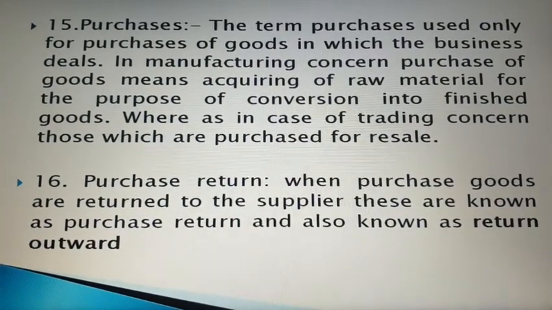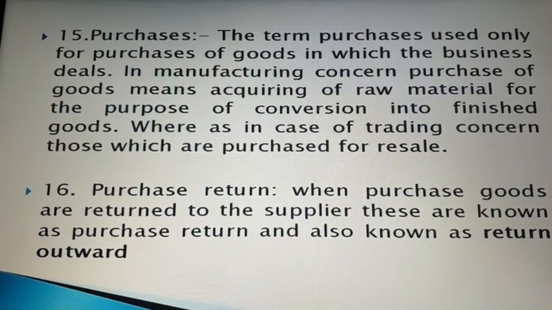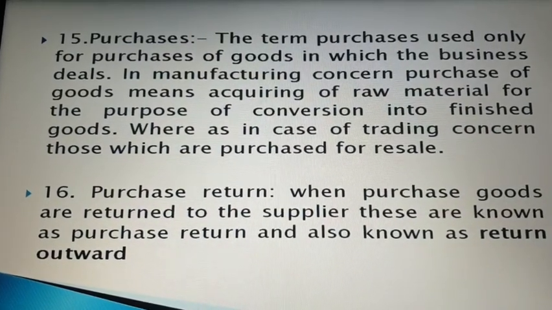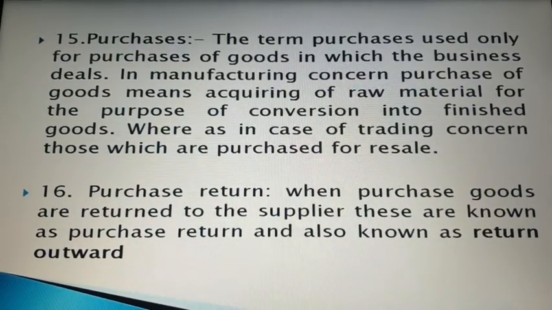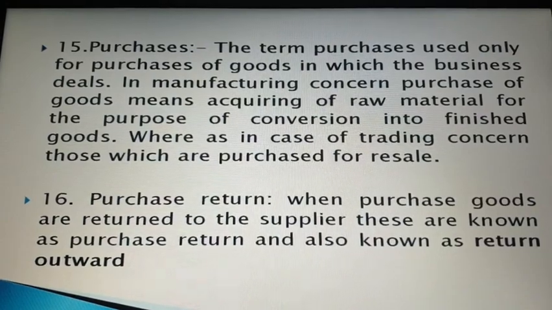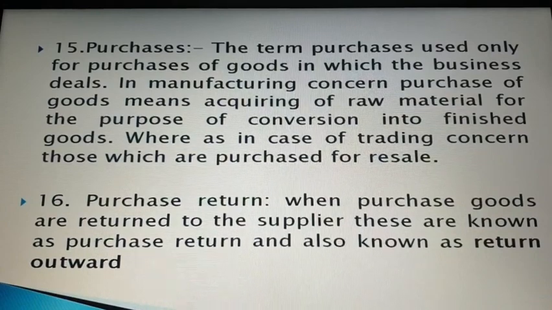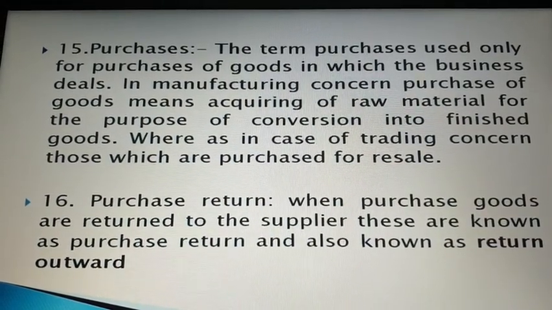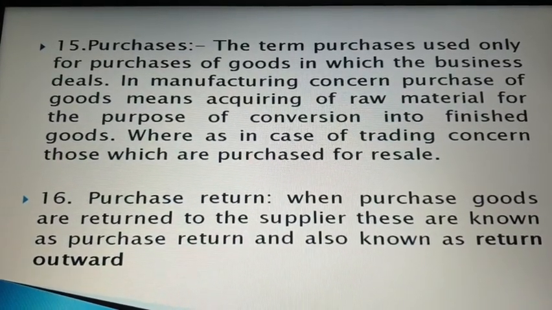So in case of a manufacturing concern, purchases means acquiring raw material for the purpose of conversion into finished goods and then sale into the market. One more line I added here: when you purchase raw material for the purpose of conversion into finished goods and then sale, it is a part of your purchases, because here you are purchasing raw material to convert into finished goods, and when it is converted into finished goods, you have to sell into the market.